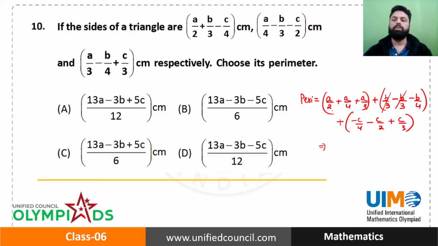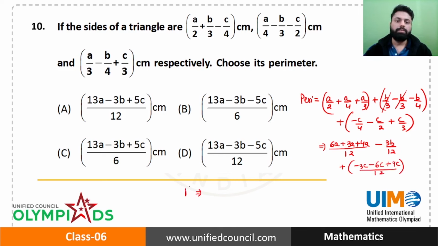So this will become 12, and this is 6a plus 3a plus 4a upon 12 minus 3b upon 12 plus, minus 3c minus 6c plus 4c upon 12.